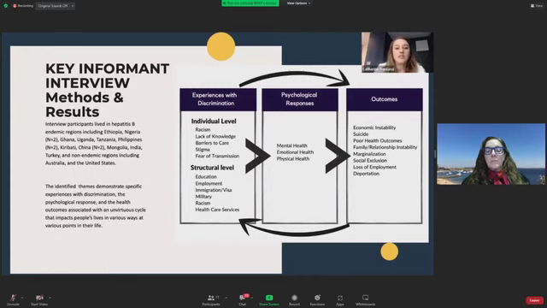You can see the individual experience and the structural level experiences of discrimination that are laid out here, really focusing on the structural level experiences of discrimination that relate to education, employment, immigration, military, racism, and healthcare services, which can all lead towards psychological responses, mental health, emotional health, and physical health challenges that lead to poor health outcomes, or just outcomes in general, like economic instability, suicide, marginalization, social exclusion, loss of employment, deportation.